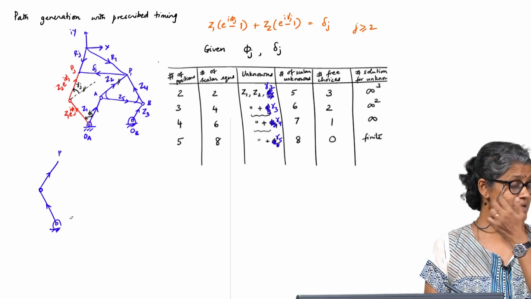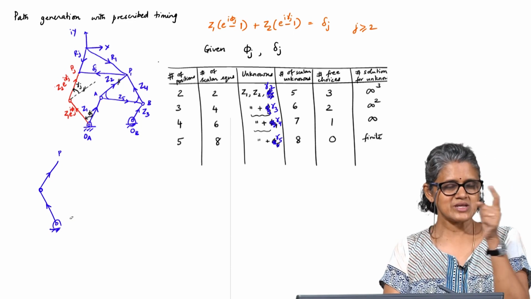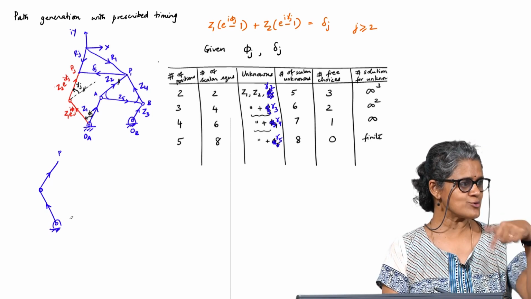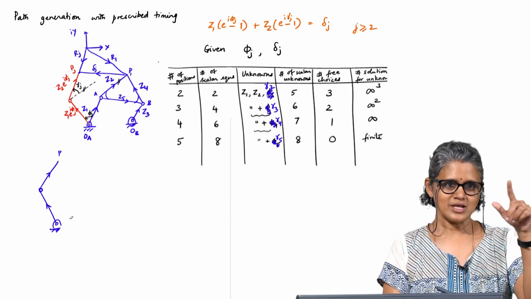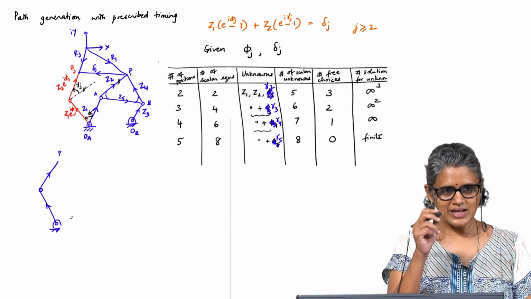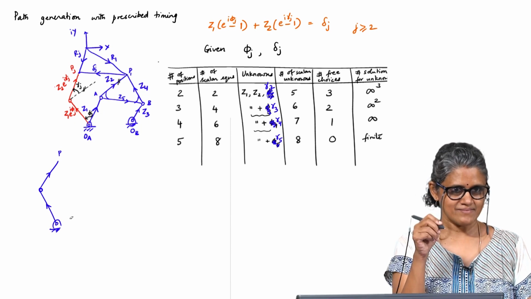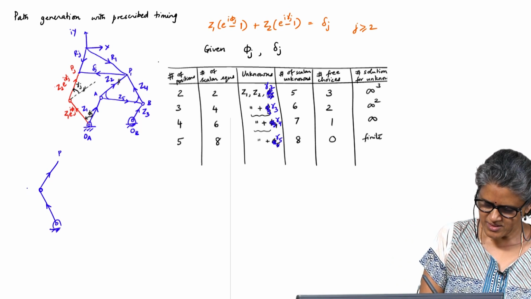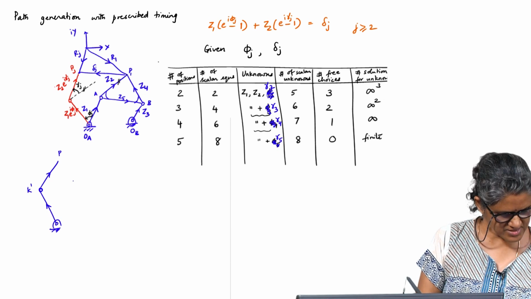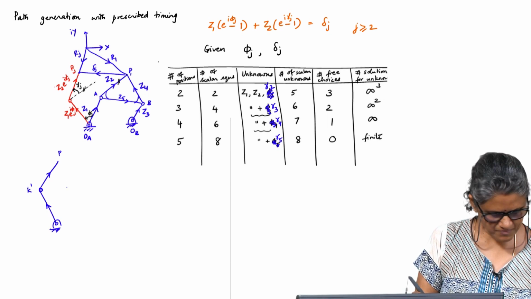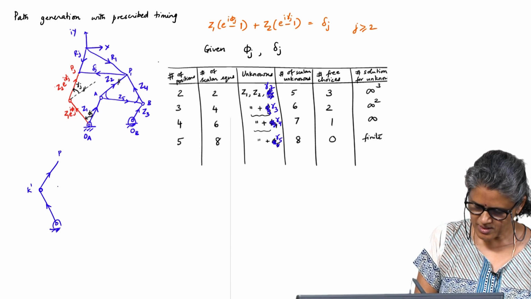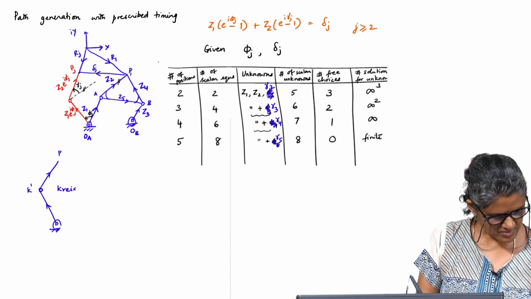Okay. Remember, when we did the slider crank synthesis and we drew the locus of the locations, I designated the circles as k. The circle points are denoted by K, they are called Kreis punkt.